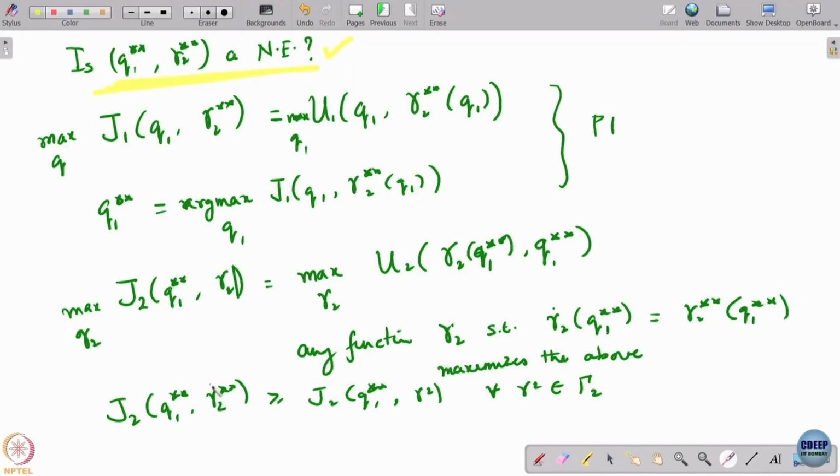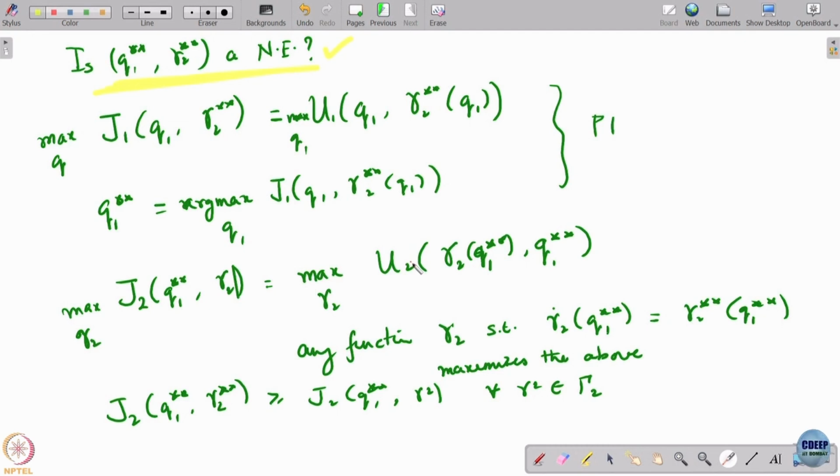You might think that, since there was so much flexibility here, I could just take any gamma 2. Can you take any gamma 2 really, and will that still be a Nash equilibrium? Suppose q1 star star is 100.